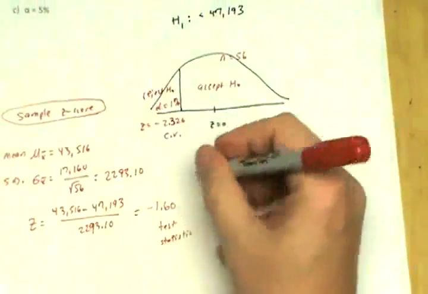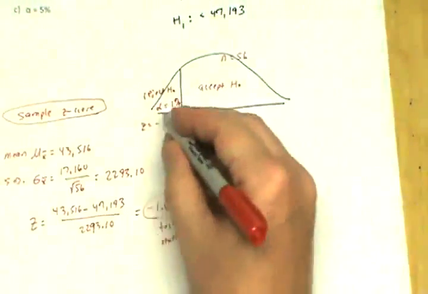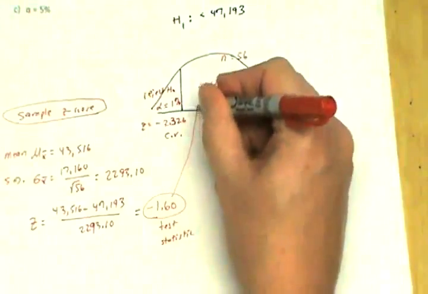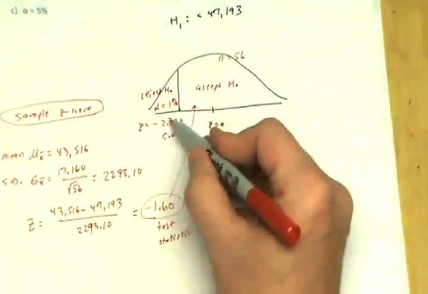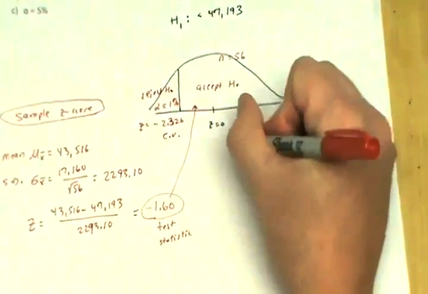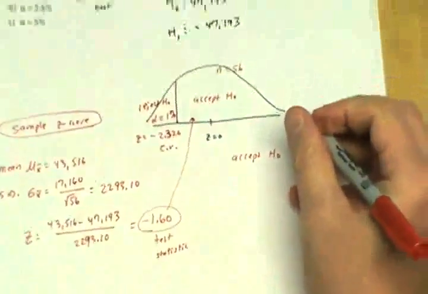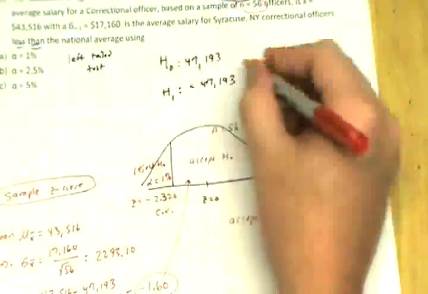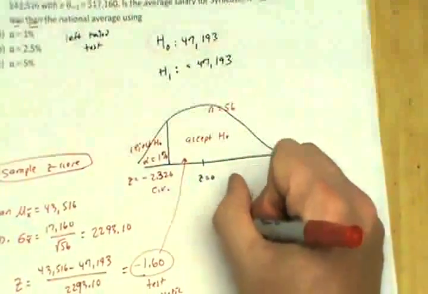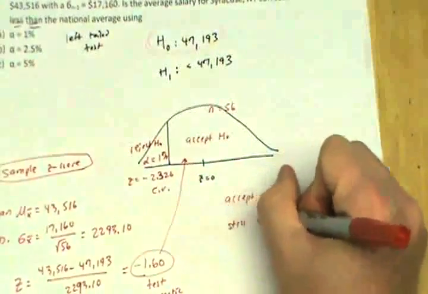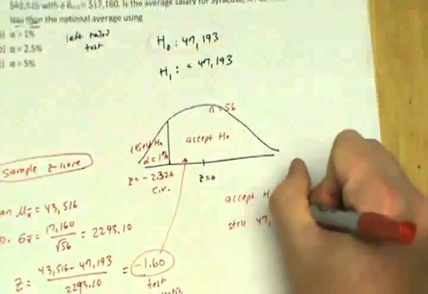Now we place the negative 1.60 depending on the critical value. In part A, with a critical value of this, we end up right of that. So that's going to be in the accept H0 region. And if you accept H0, that means you're accepting that it's still $47,193.